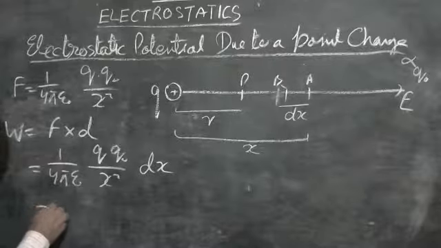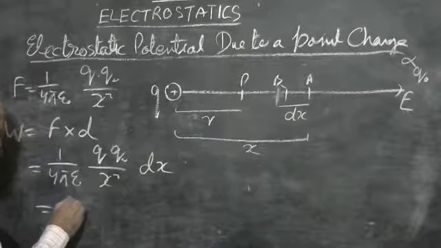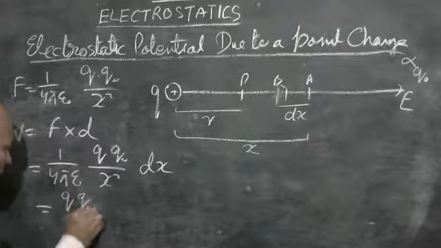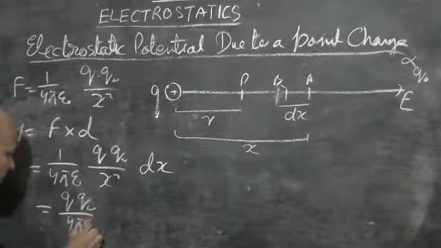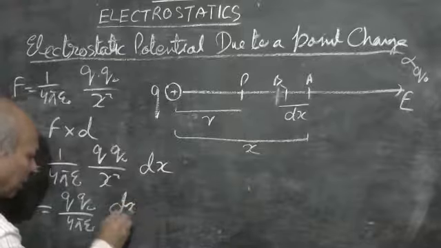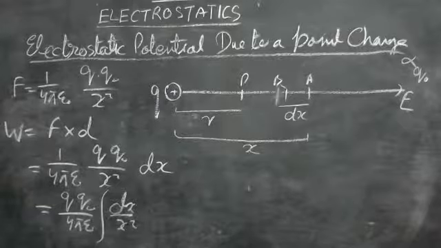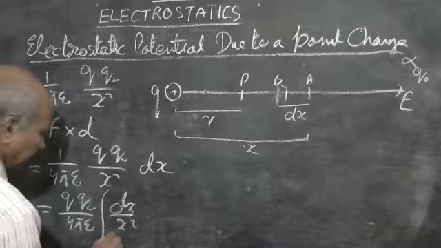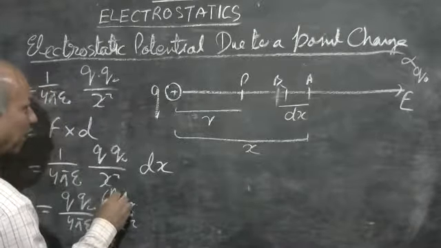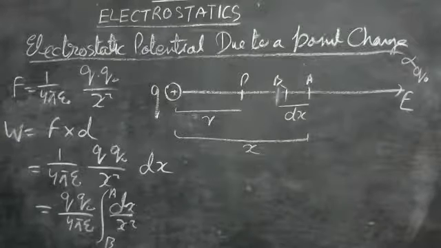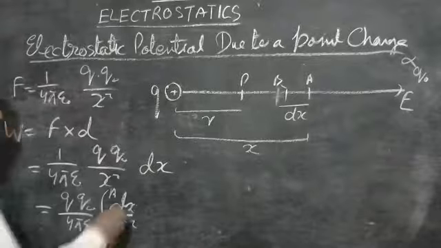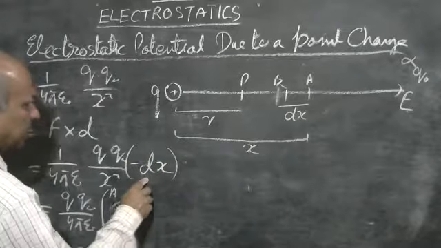Now integrating this one, this will be Q naught upon 4 pi epsilon naught dx upon X square, from B to A. Now you write this minus x cube.